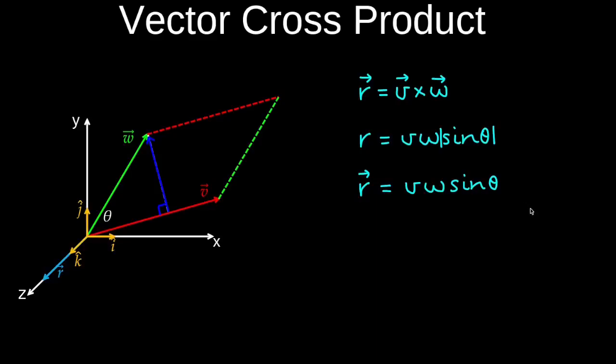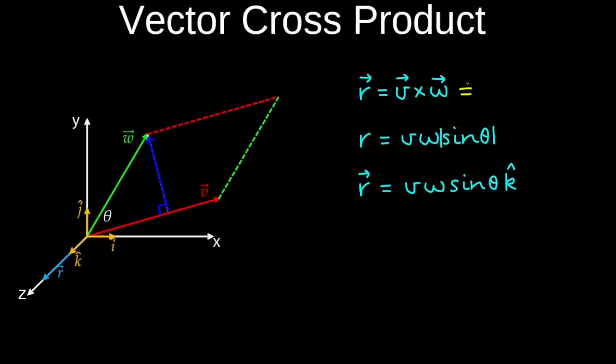And the direction of vector r is perpendicular to both vectors v and w. So where v and w have components in the xy plane, the direction of r is along the z-axis, as indicated by the unit vector k.